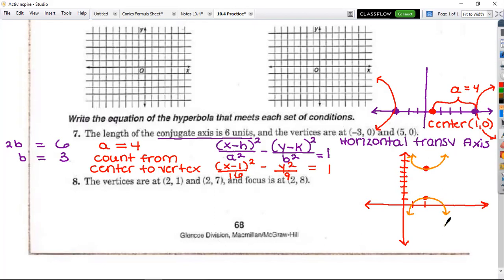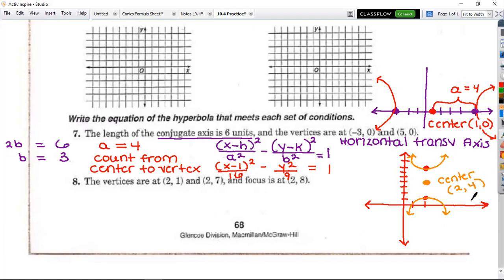And you're going to go right in the center of this to get your center. So my center is located at 2 comma, that's 6 units, so up 3 would give me (2, 4).